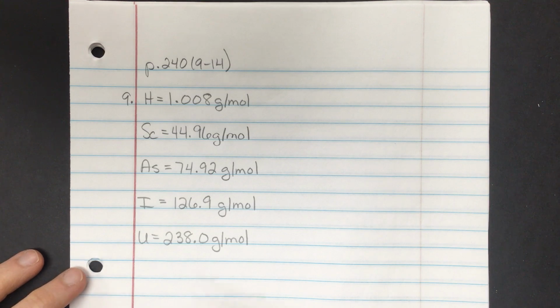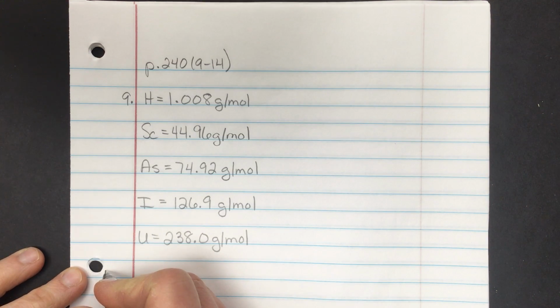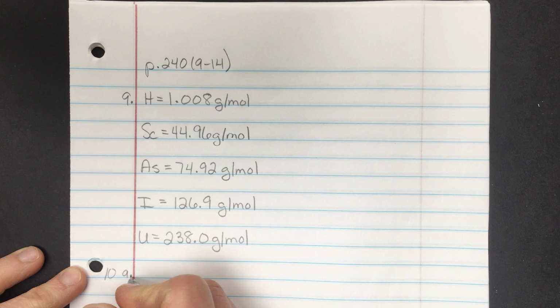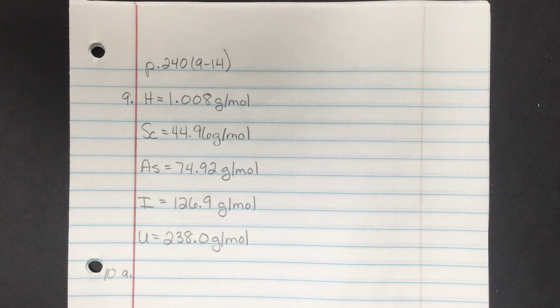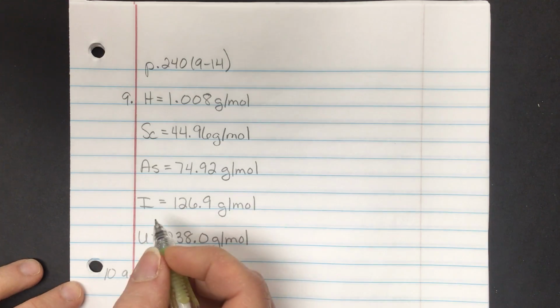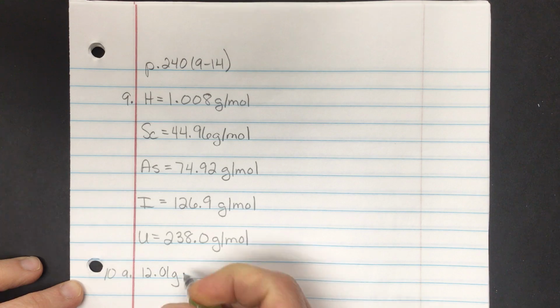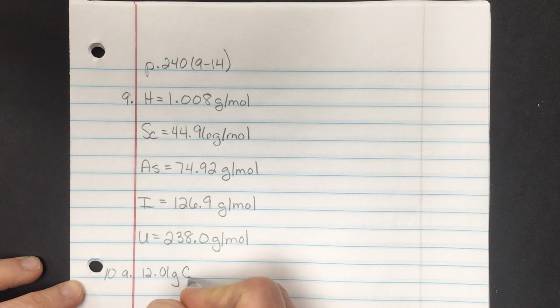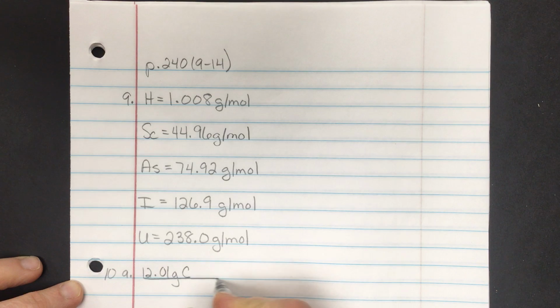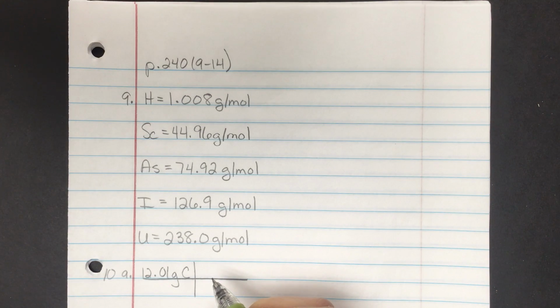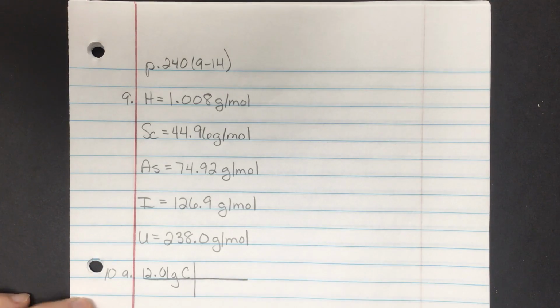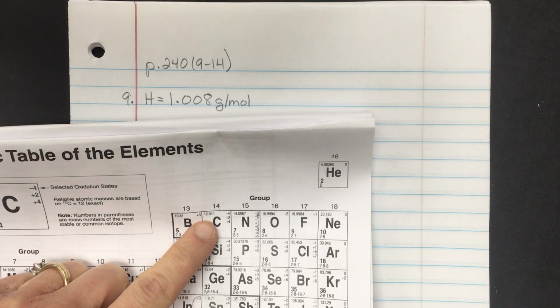For question number 10, it says, how many atoms are in the following? So for A, we have 12.01 grams of carbon. So I use my bridge notation and I look up carbon, which is right here on my periodic table.